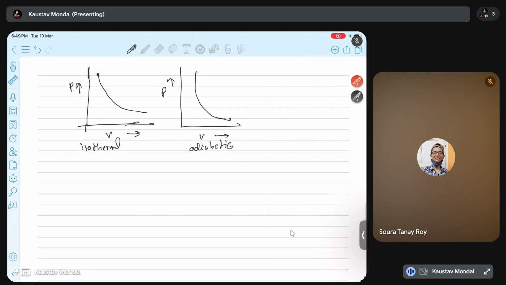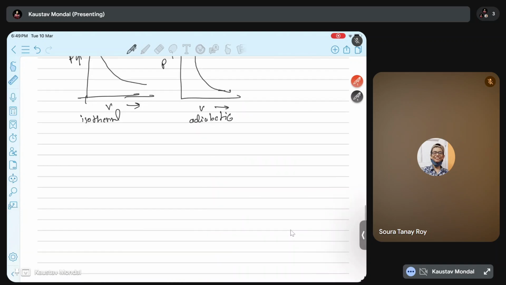Next is the isochoric process. Here the change of pressure is zero, so the pressure P is constant.